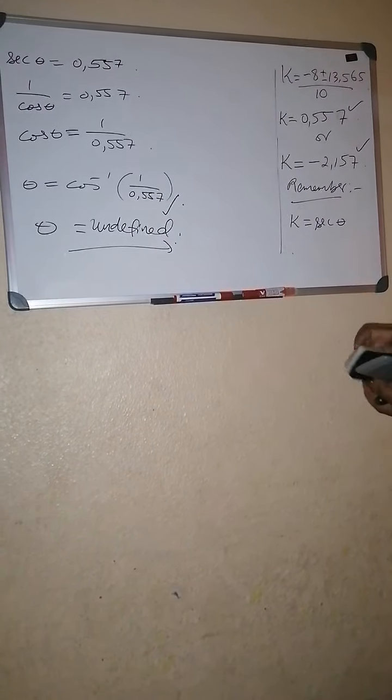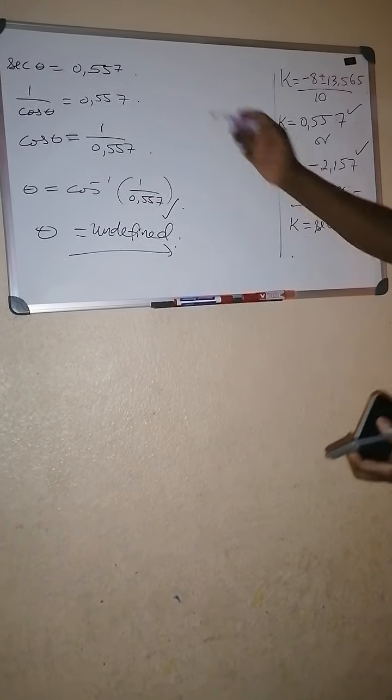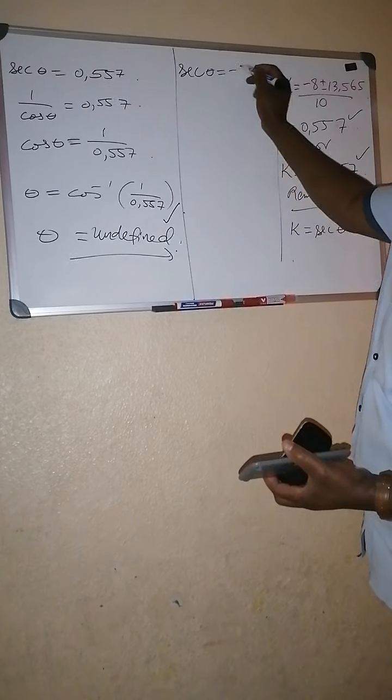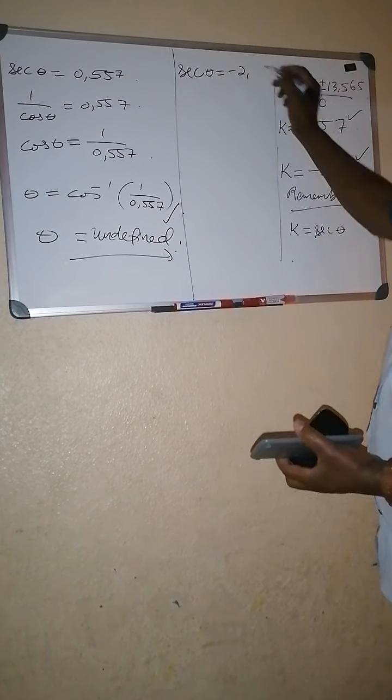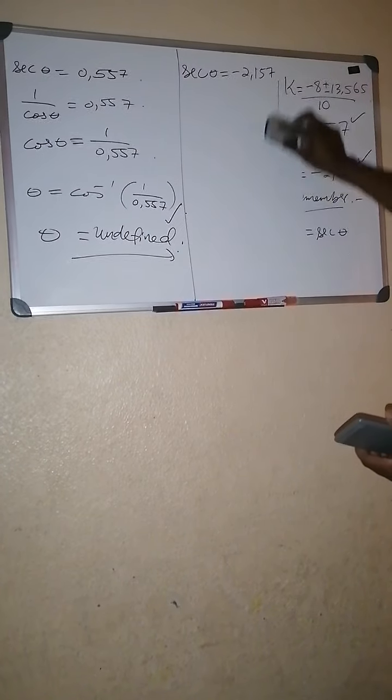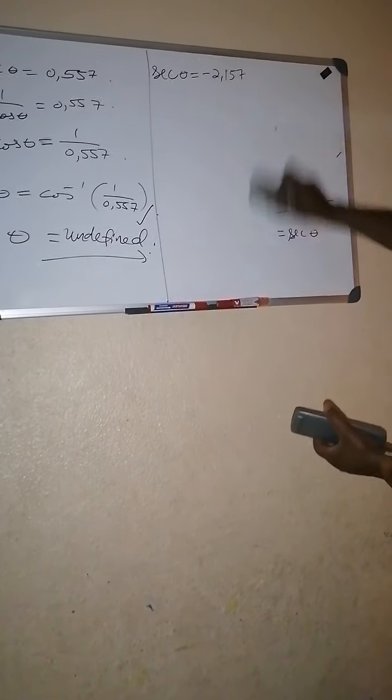The other side, remember, says sec theta equals minus 2.157. Now let's check with this.